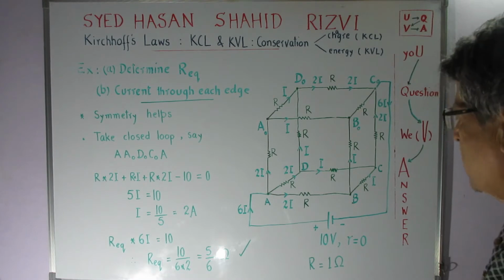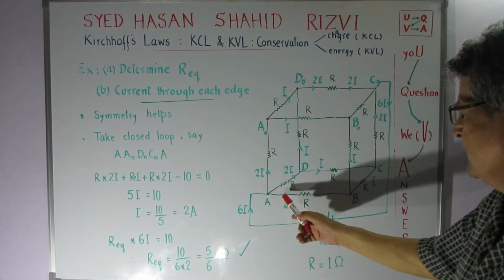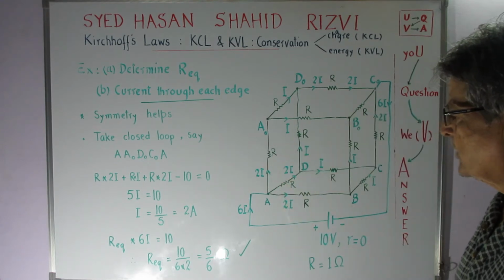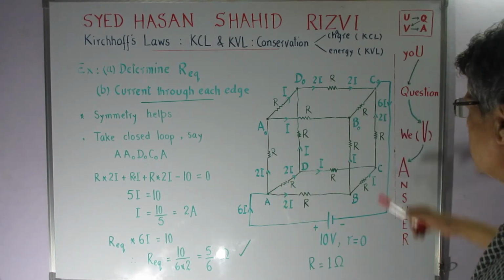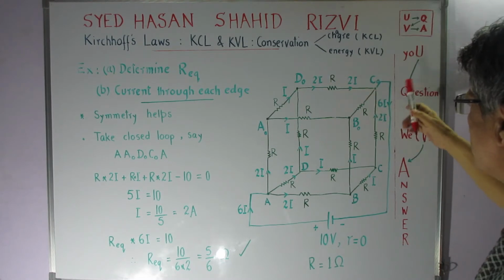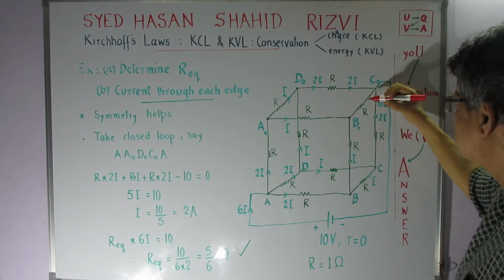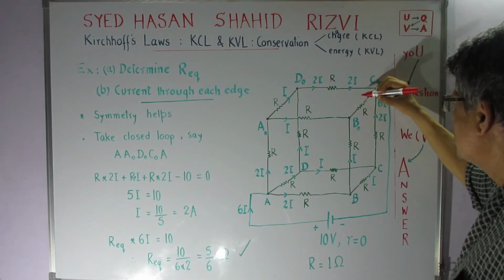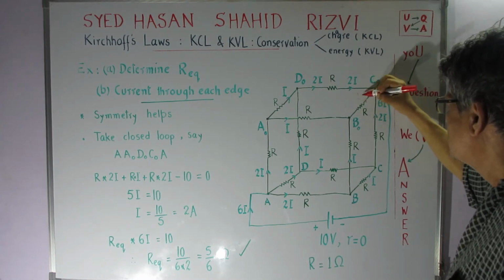You can see at A we have 1, 2, 3 branches, and at C naught also there are 1, 2 and 3 branches, and I've just missed that this branch will also have a current which is equal to 2I.